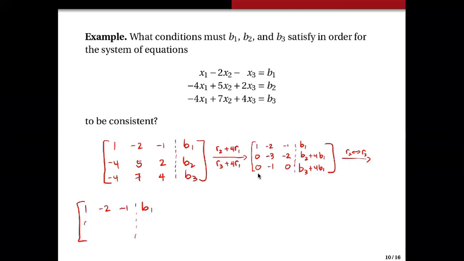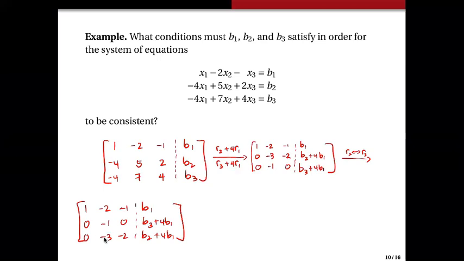And then we will have here 0, -1, 0, and then B3 plus 4B1. And then we will have here 0, -3, -2, B2 plus 4B1.